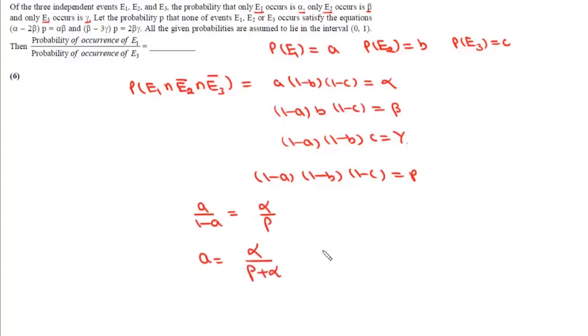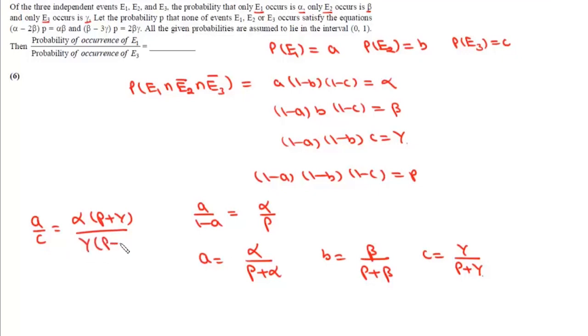In the same way, we'll write B as beta upon P plus beta and C as gamma upon P plus gamma. Now we need to find the value of A upon C. Now A upon C is alpha into P plus gamma upon gamma into P plus alpha.